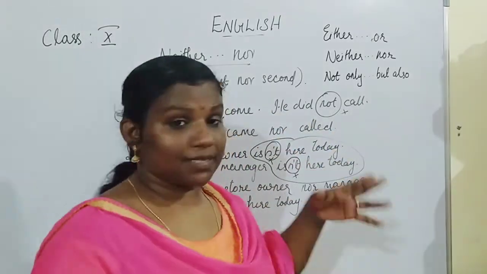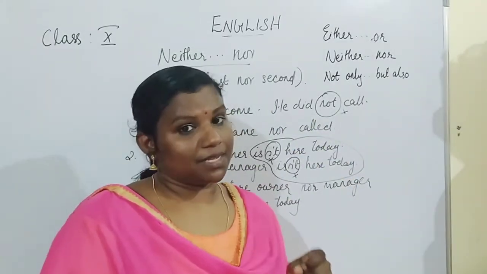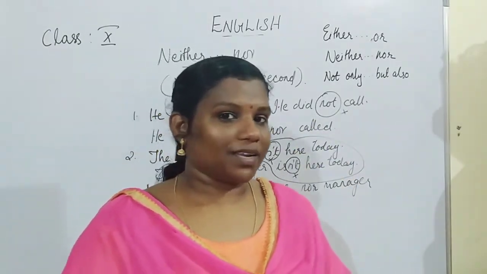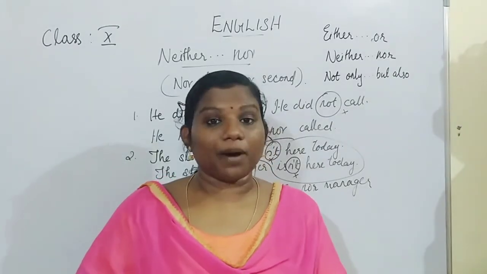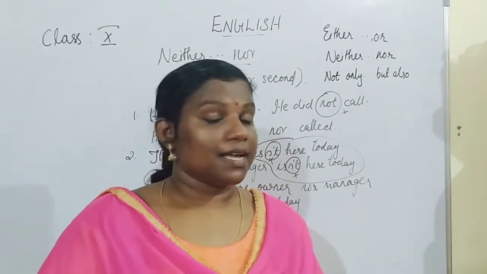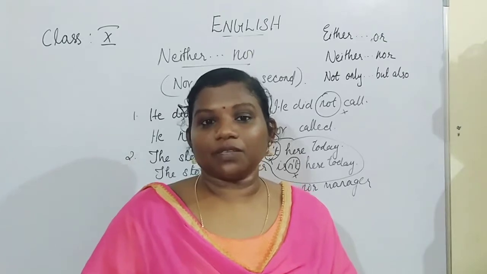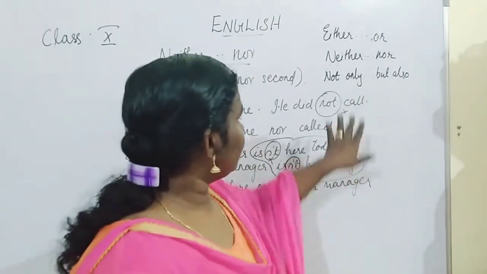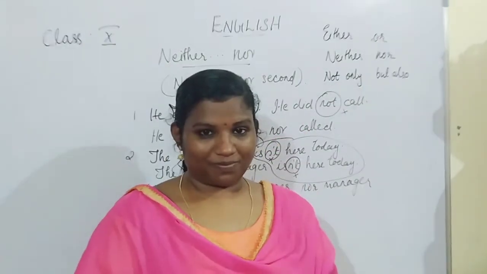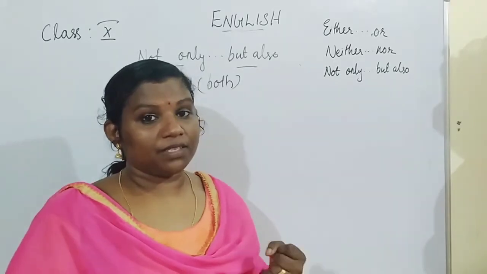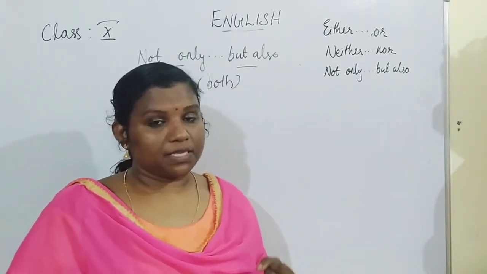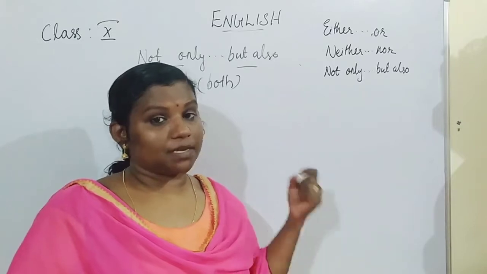So now we have seen how we can use neither nor, either or in sentences, and how we can combine two sentences with the help of these conjunctions. Now we are moving to the third topic, that is not only but also. What's the meaning of not only but also? That's both.